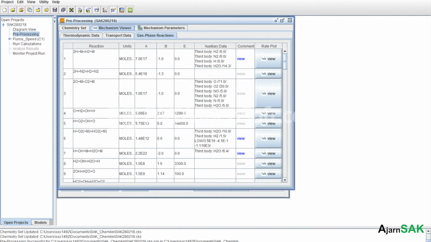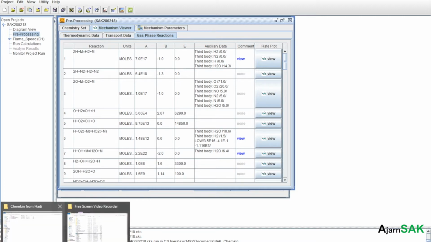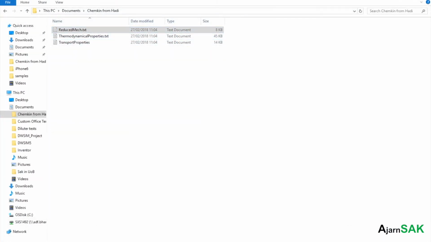Let's come back to the software. This is the mechanism that we're talking about. What you can check is the ABE term, which is a coefficient that you get from the mechanism file.